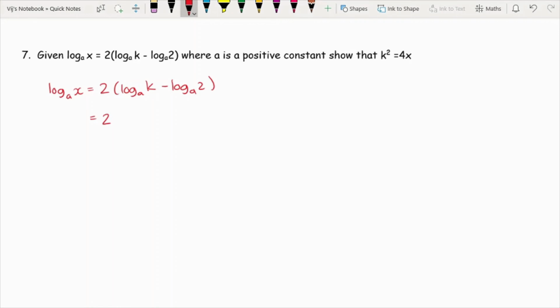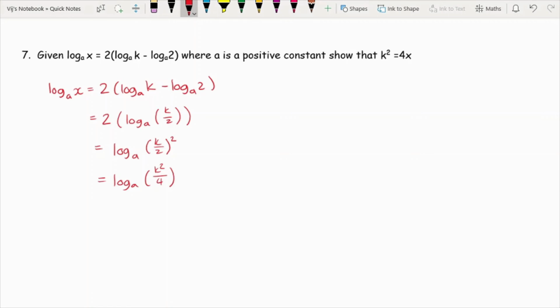I'm going to try and simplify what's in the brackets first. When we're taking away, we are dividing. So I get log a of k over 2. And then this 2, as it's in front of the log, can turn into a power. So I've got log a of k over 2 squared, which then becomes log a of k squared over 4.